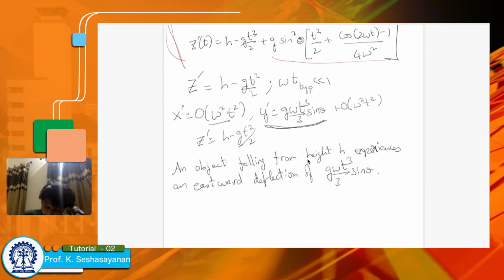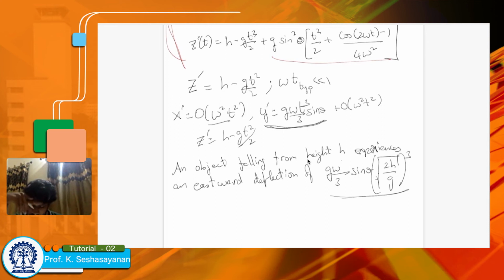By the time it reaches the ground, we can replace t with the square root of 2h over g, to the power 3. So this is the typical deflection that one gets when an object falls from a height h.